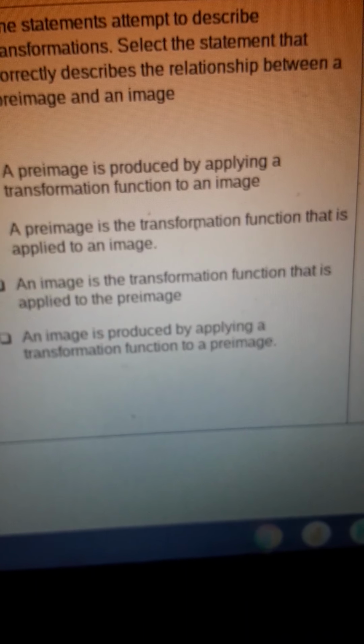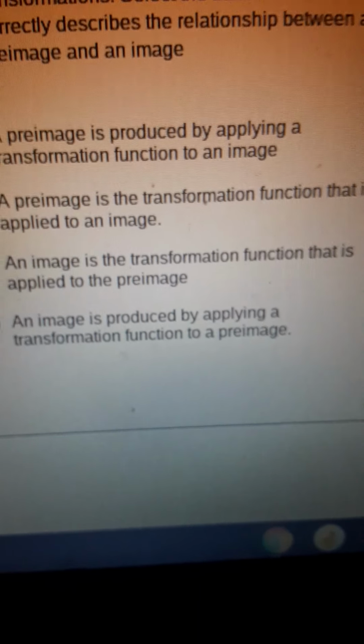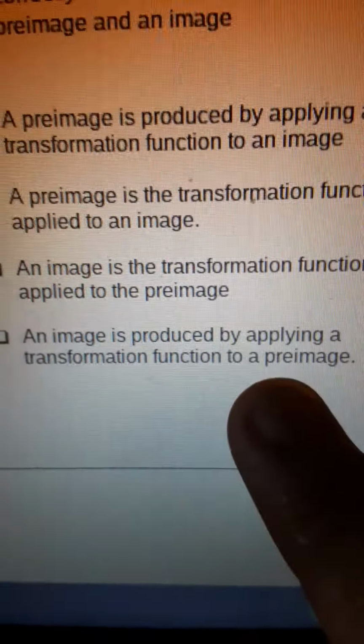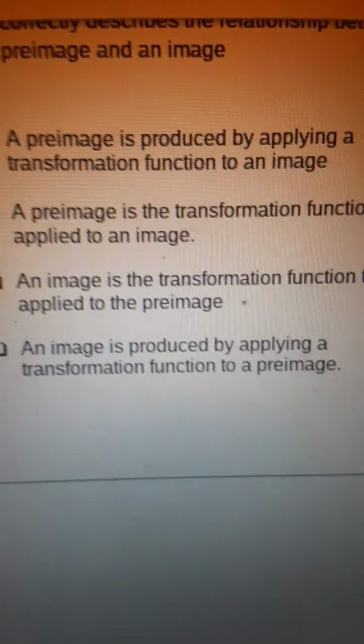So if we put that into words, an image is produced by applying a transformation function to a pre-image. Just like up here on number 4, we applied this transformation function to the pre-image to produce an image. So that's what it is: an image is produced by applying the transformation function to a pre-image.